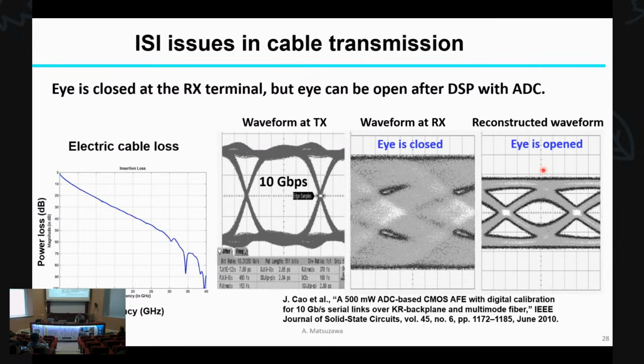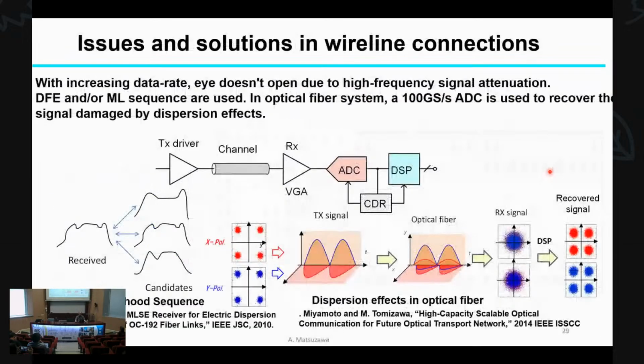So we can open the eye by using DSP. One way is using this DSP, such as this recovered data, for searching a similar bit sequence data.